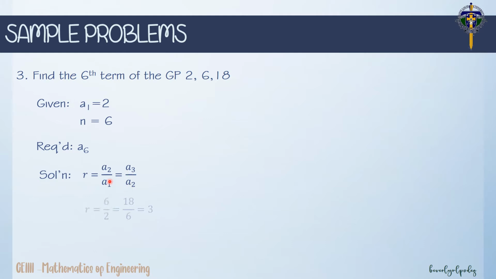Substituting, the second term is 6, the first term is 2, and 6 divided by 2 is 3. And considering also the third term and the second term, 18 divided by a2, and a2 is 6, so 18 divided by 6 is equal to 3. Thus, our value for the common ratio is 3.